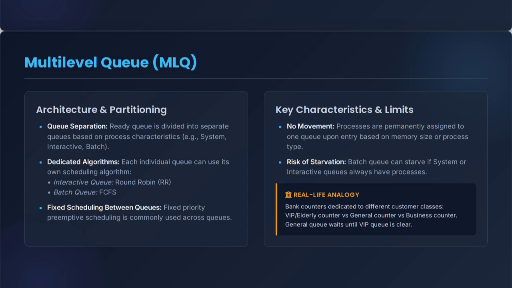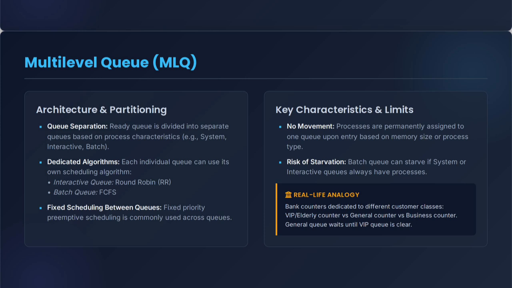Each queue has its own priority and scheduling algorithm: round robin for interactive tasks, FCFS for batch tasks. A real-life example is airport security and boarding lines. Airports have different queues: first class VIP, business class and economy class. VIP passengers are processed first; economy passengers are served only when the VIP line is empty.